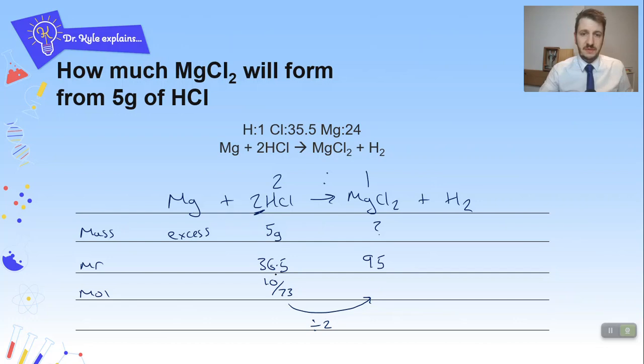So I've done 5 divided by 36.5, kept the number in the calculator, and pressed divide by 2, and I get 5 over 73. And then what do I do? I just times that by 95, and that gives me 6.5 grams of magnesium chloride. Really well done if you got that right.